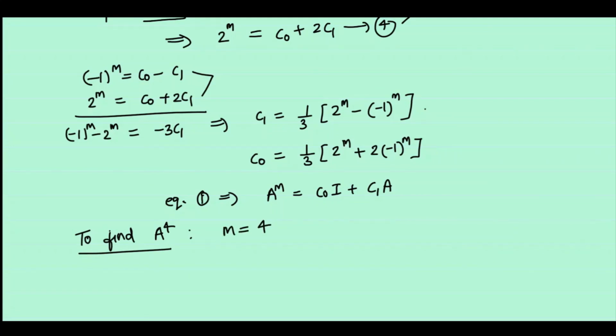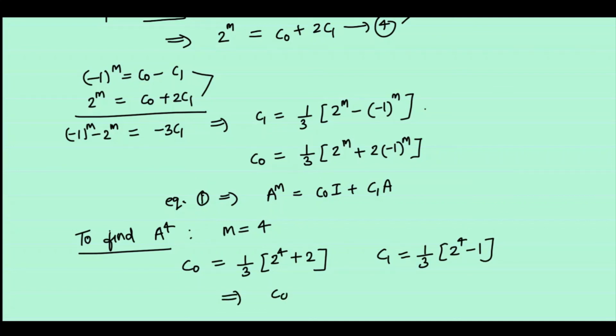So if you put m equal to 4, we will get C0 equal to 1 by 3 times (2 power 4 plus 2), and C1 equal to 1 by 3 times (2 power 4 minus 1). So this implies C0 equal to 6 and C1 equal to 5.